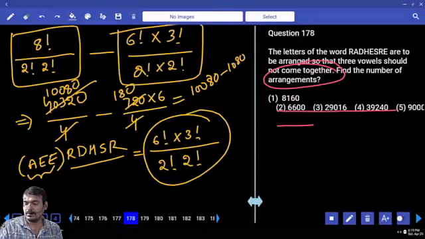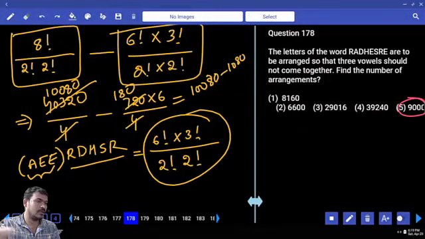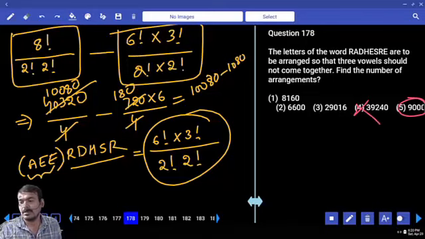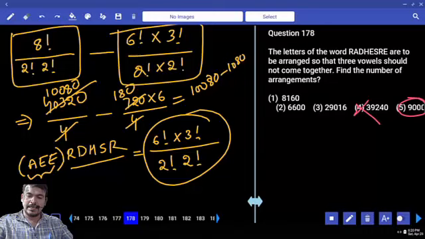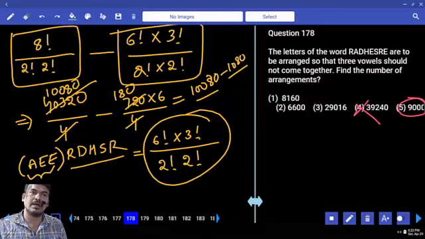Which option? Fifth option. In the key, actually, a mistake is given. Answer is 9,000, not the fourth option. 10,080 minus 1,080, what is the difference? 9,000. Total ways minus always come together, we get the never come together.